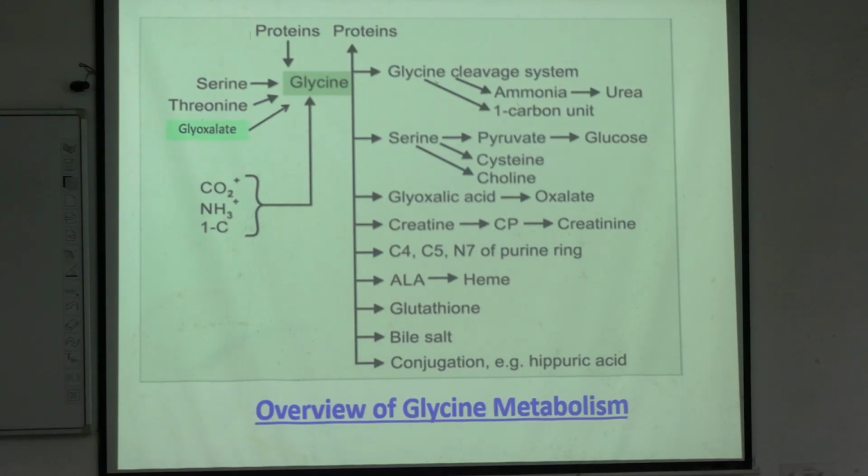Why I am telling you to note down is so that while you are writing, you will start memorizing also. See, glycine, where will it be obtained from? From the breakdown of protein. It can be obtained from the digestion of protein in the intestinal tract, or from intracellular digestion in the body, from endogenous protein breakdown.